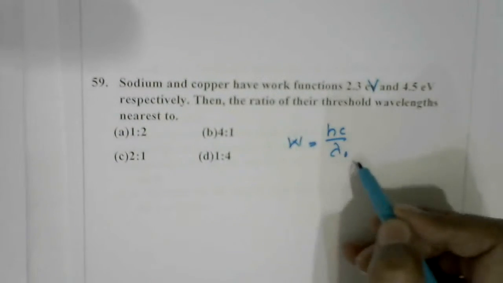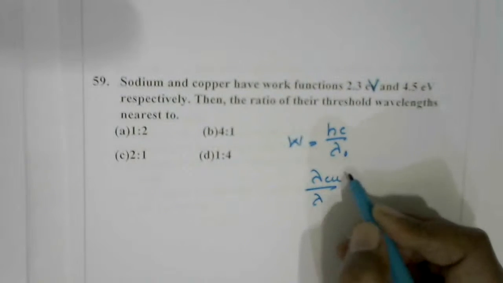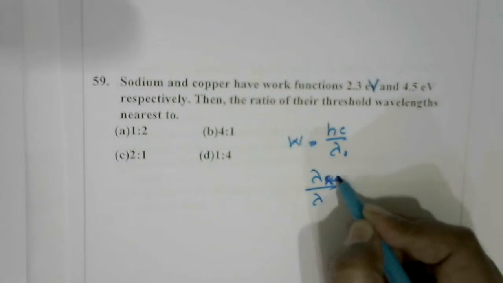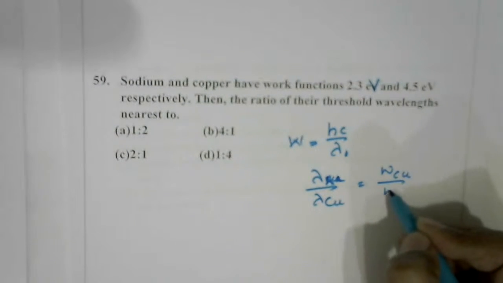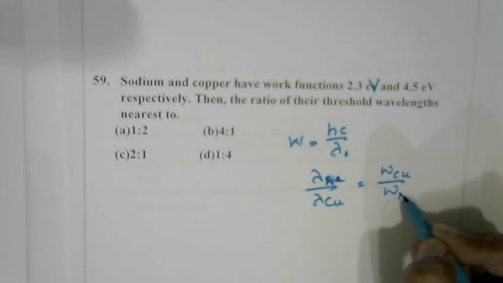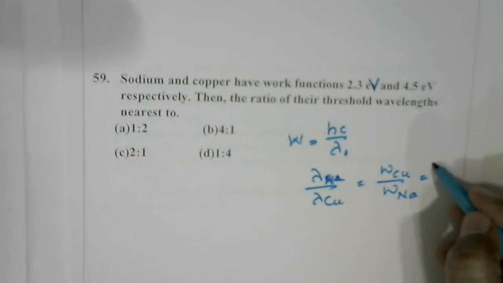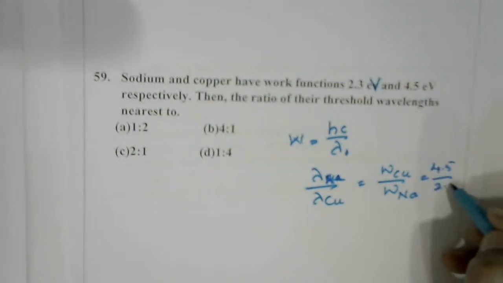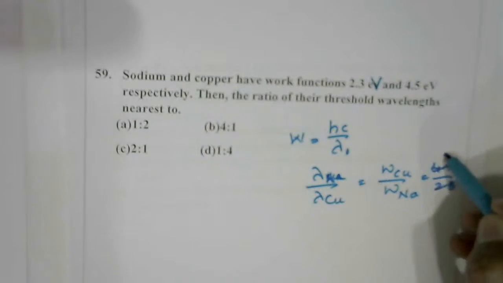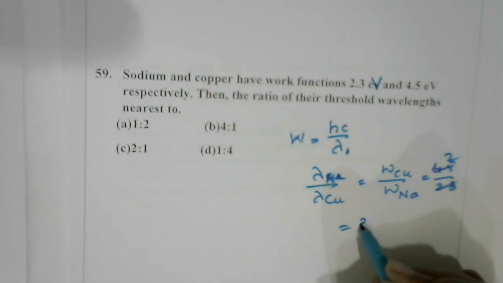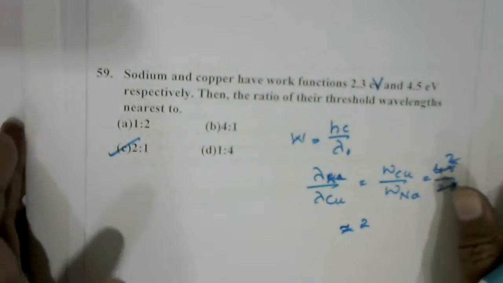So lambda of sodium by lambda of copper will be equal to work function of copper by work function of sodium, that is 4.5 by 2.3. 2.3 times 2 is 4.6, so nearly 2. So we can go with 2:1.